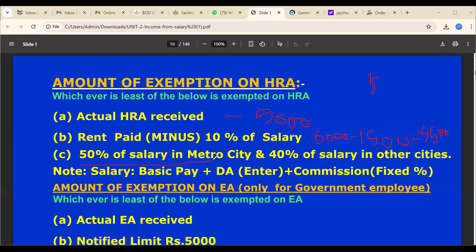Then 50% of salary in a metro city: 50% of 15,000 will be 7,500. So the first, actual HRA, is 5,000. Rent paid minus 10% of salary is 4,500.